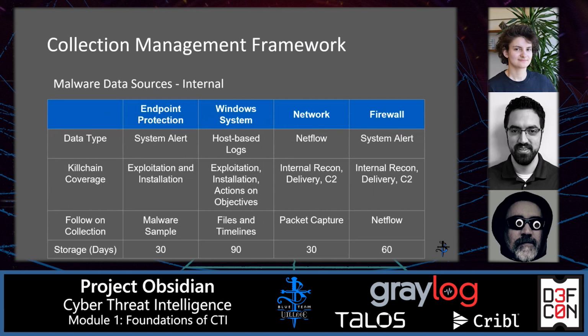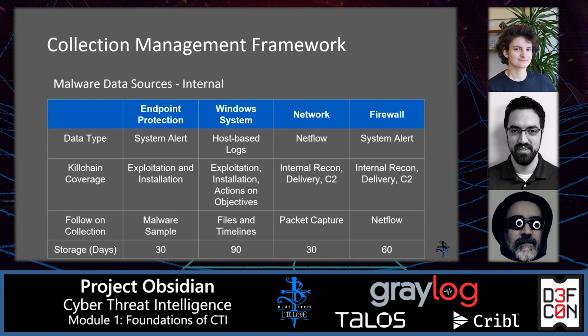And here's an example of not necessarily malware data sources, but internal sources of data. So this can be used by many teams, right? Threat hunting teams can identify where they might be able to find certain pieces of information that they're looking for, or certain data points.